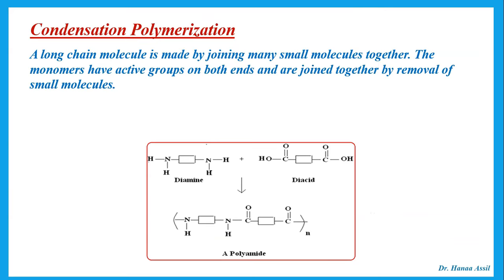Then the other type of polymerization is called condensation polymerization, and in this case we have a diamine and a diacid, or a dialcohol and a diacid.